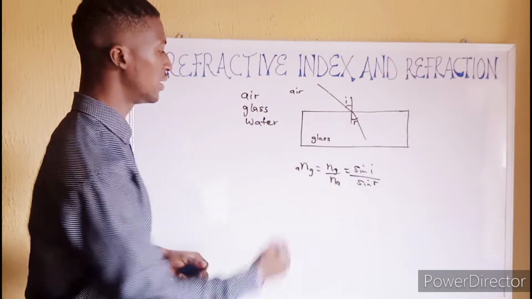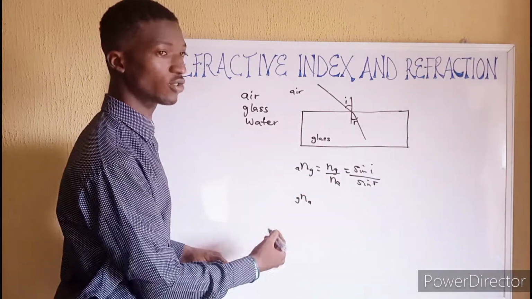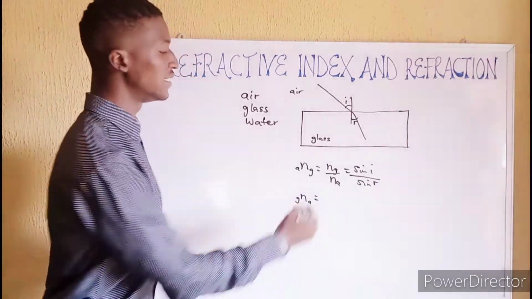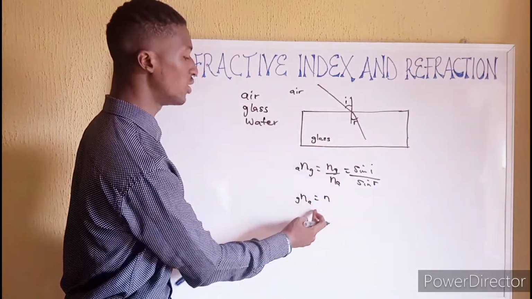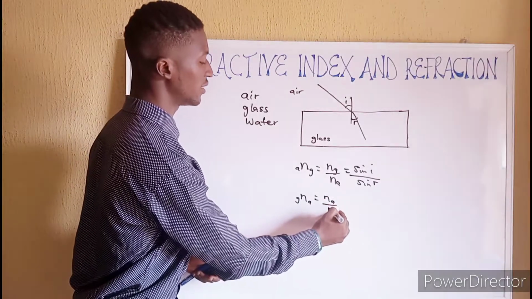How do we determine this? If I'm to determine the refractive index of light moving from glass to air, we simply take it as the refractive index of the second medium. So the second medium here is air, and the first medium here is glass.